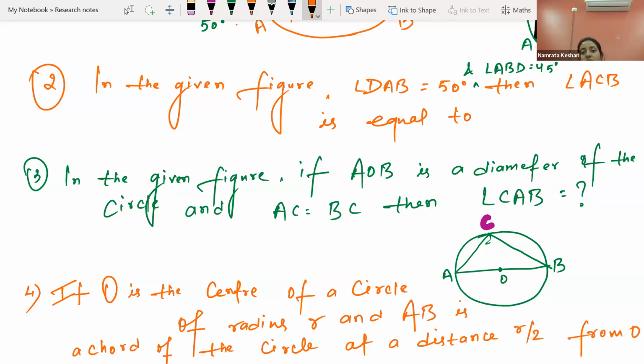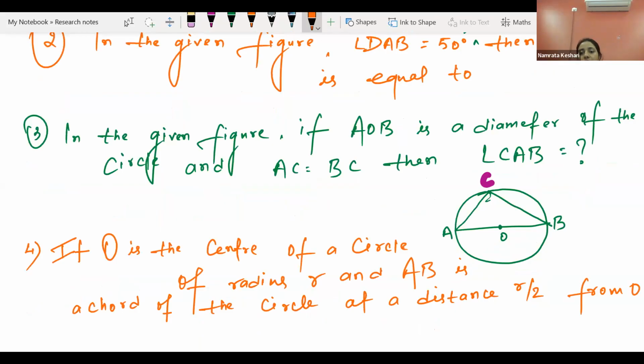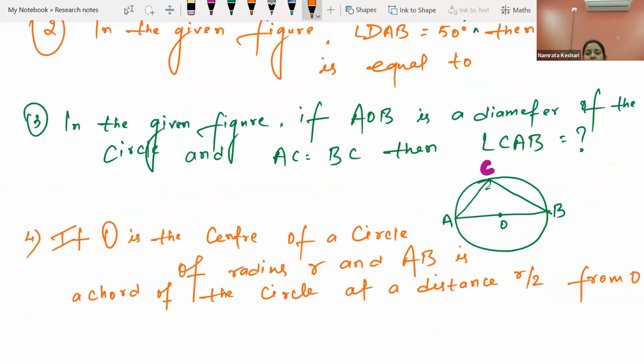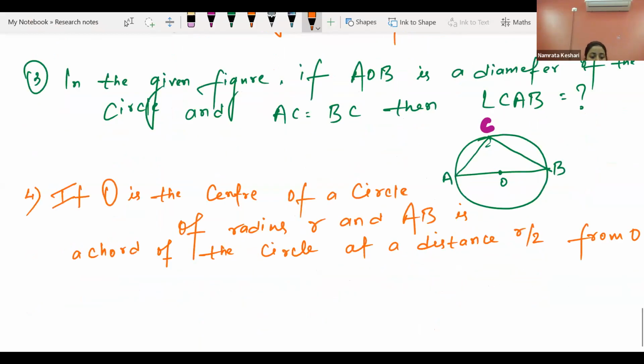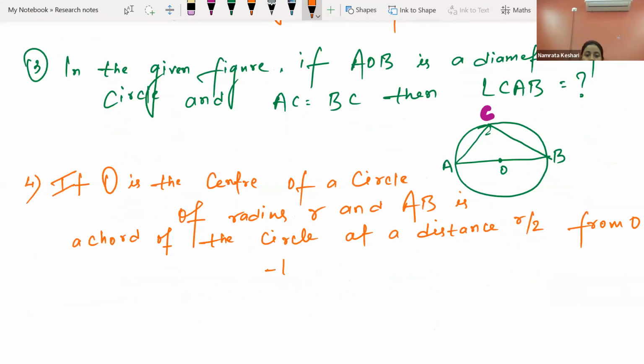Yes, everyone has got question number 3, what was the answer? 45. Have you got the same? Yes, ma'am. Okay. See, for the previous one, Anam, you have answered. Afreen, have you done?